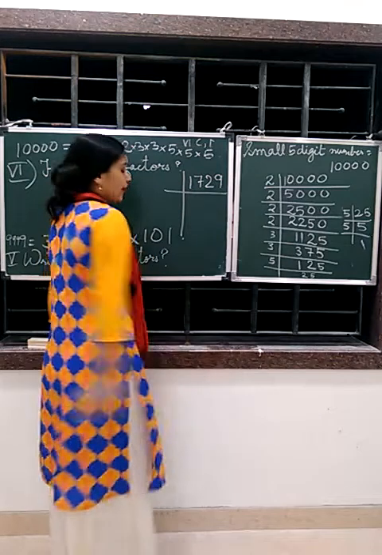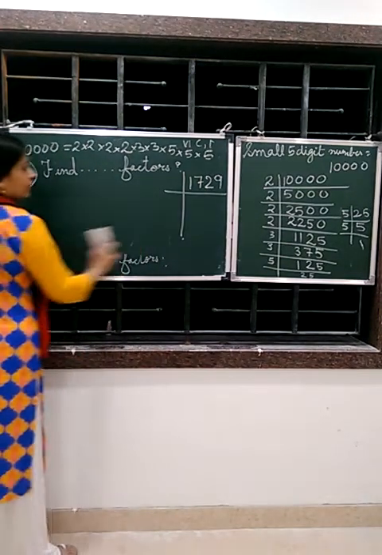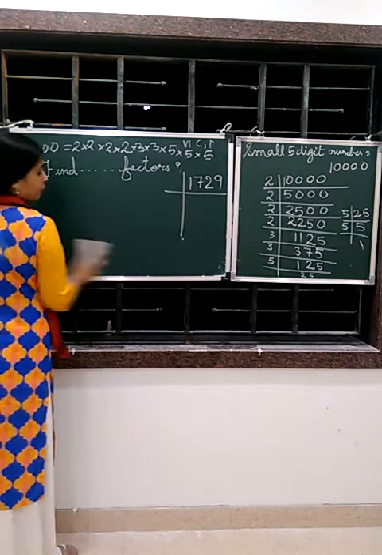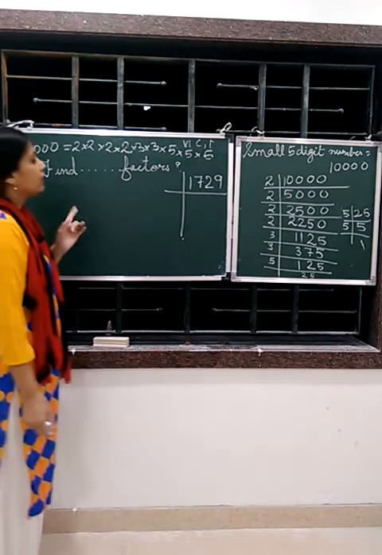So it will not go by 2. Why? Because the last digit is not even. Will it go by 3? The total is 19, so it will not go by 3. It will not go by 4, 5, 6.